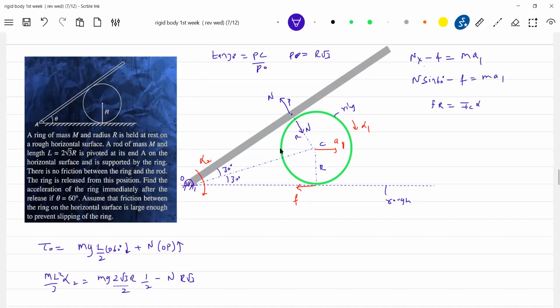So IC times alpha 1, IC is MR square, alpha 1 for pure rolling is A1 by R. Substituting that, N root 3 by 2 equals... A1. Okay, this is about N and A1.